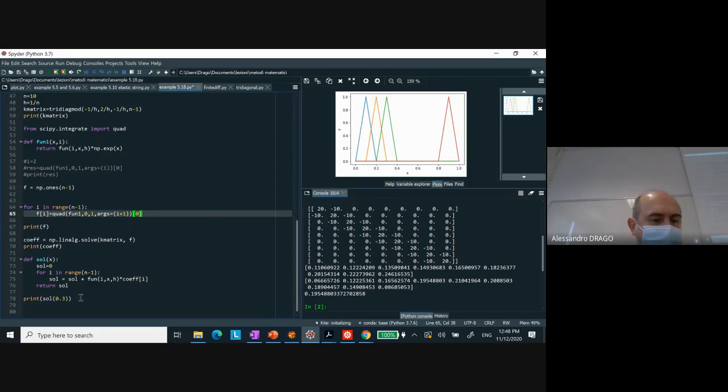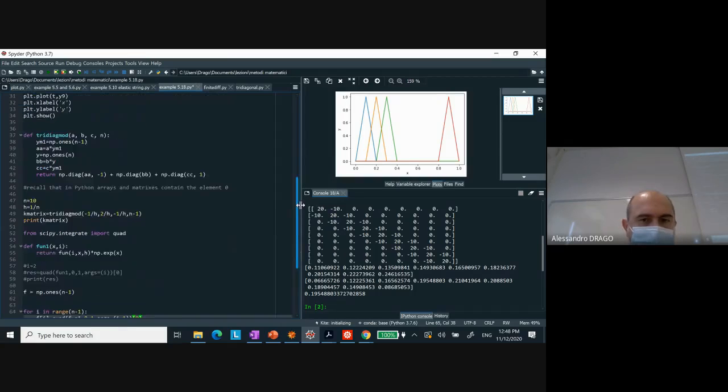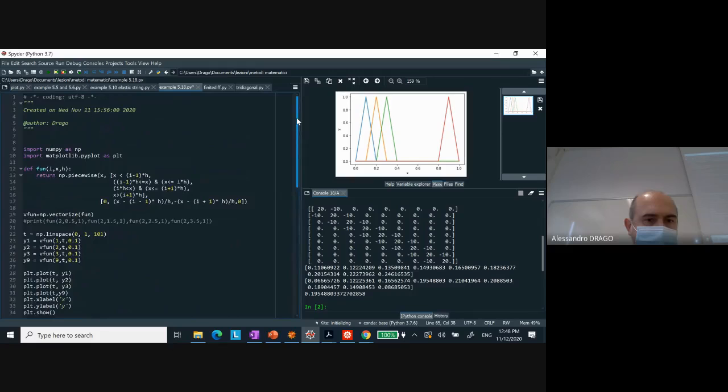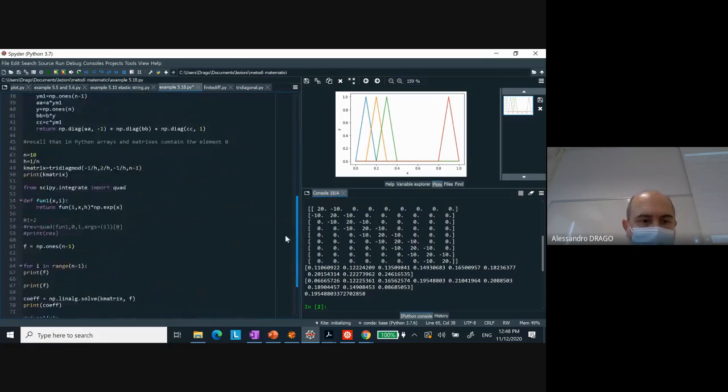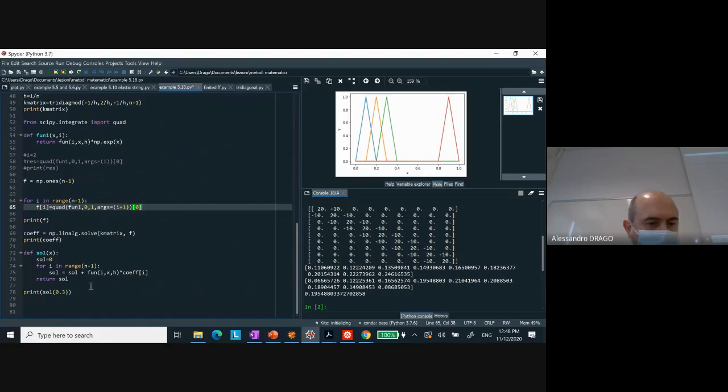At this point, I can check, and this sol at 0.3 is the value of the solution evaluated at 0.3. So one thing that you can do is to try to improve it. It's not really written very elegantly, and I really ran out of time this morning.